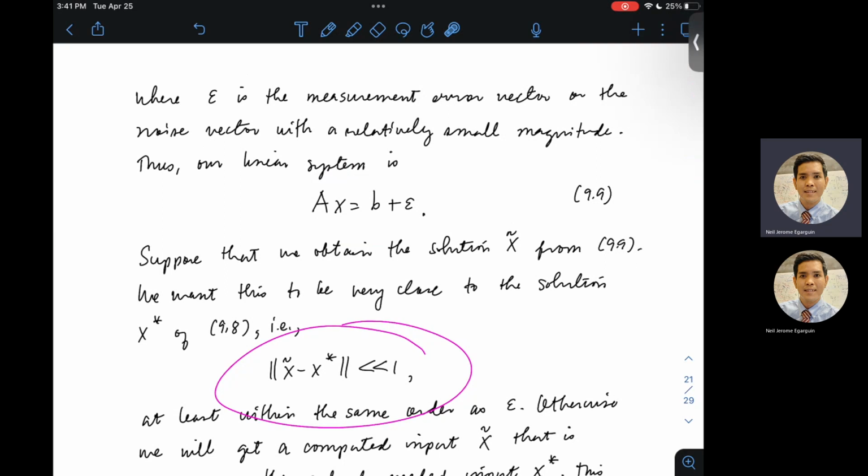Usually we want the size of the relative error to be proportional to the size of the error. So again, stability. We want stable solutions: small changes in the right-hand side. If we have a small residual vector epsilon, then we must get a small relative change in the solutions, I mean, between the ideal solution and the solution from the noisy system, right?